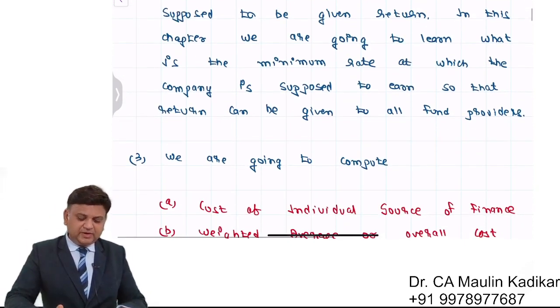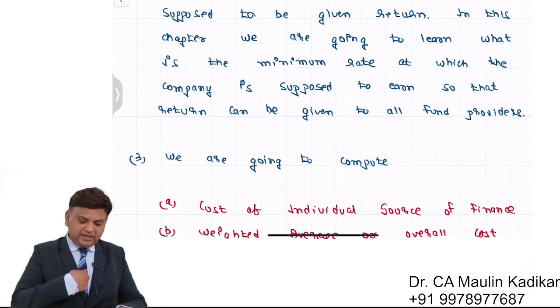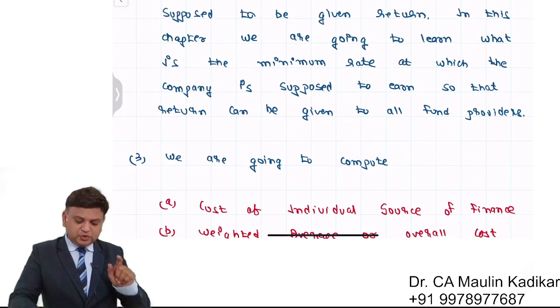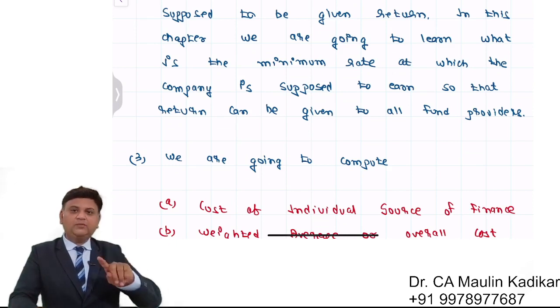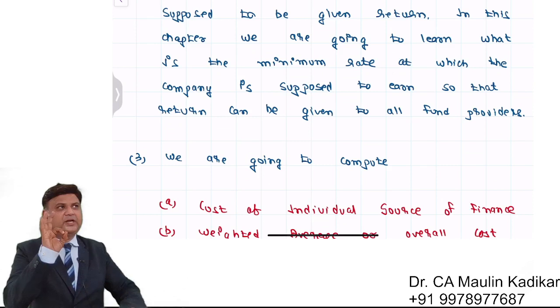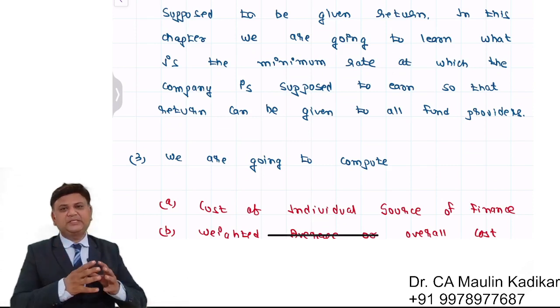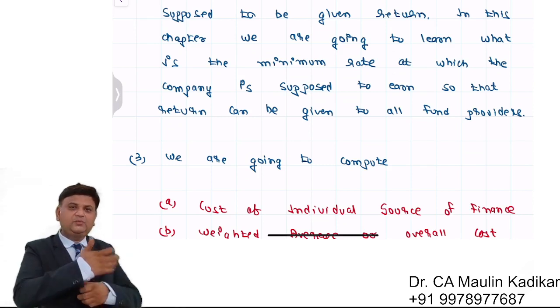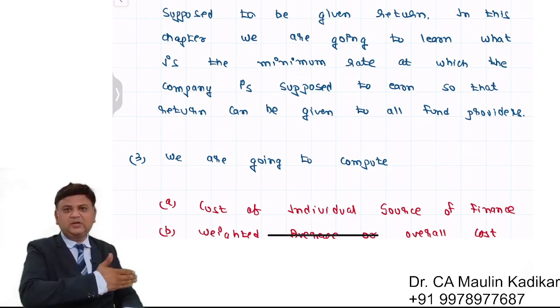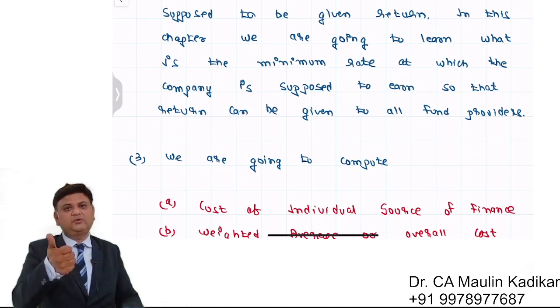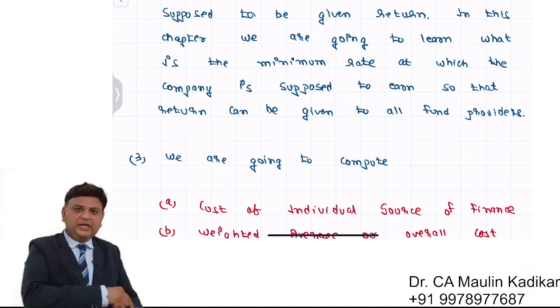In this chapter, we are going to learn the minimum rate at which the company is supposed to earn so that the return can be given to all fund providers. So we want to know a cutoff rate at which we have to earn. Why only a single rate? Because whatever investment you make in the business, you cannot bifurcate it, saying this fixed asset is only out of equity and this working capital is only out of debentures.